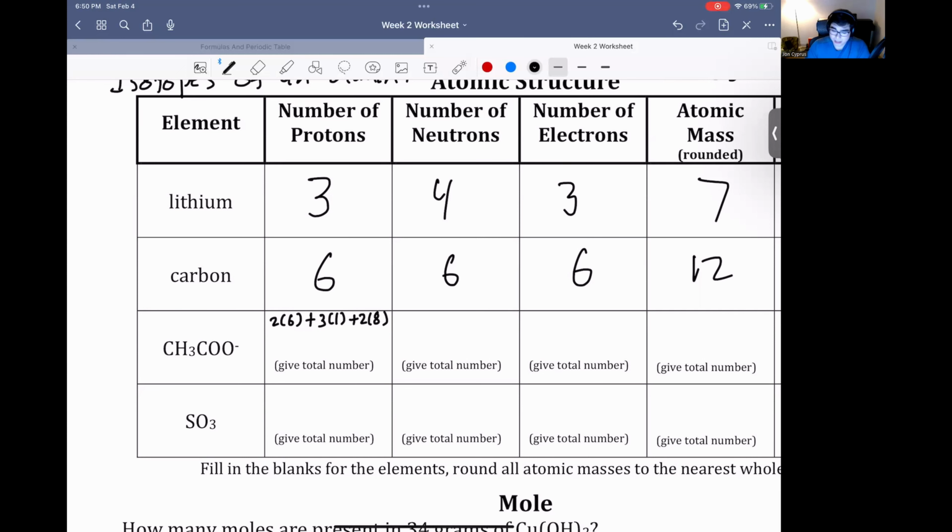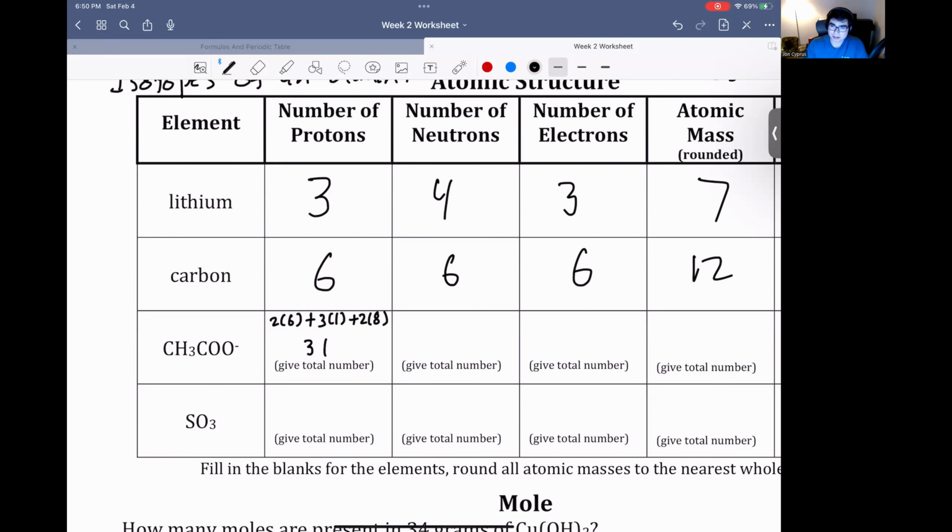So you would plug this into your calculator: 12 plus 3 plus 16. So you should get 31.